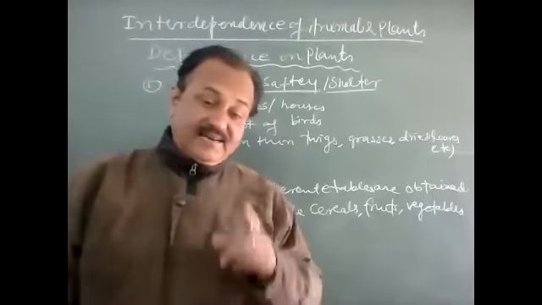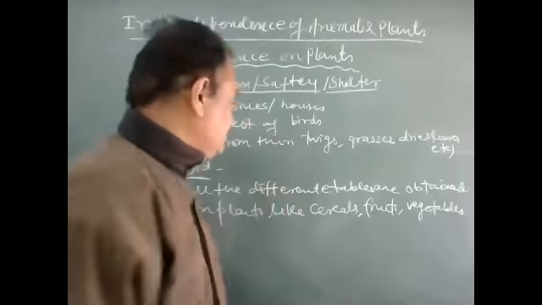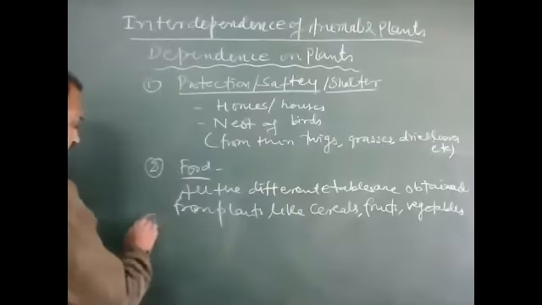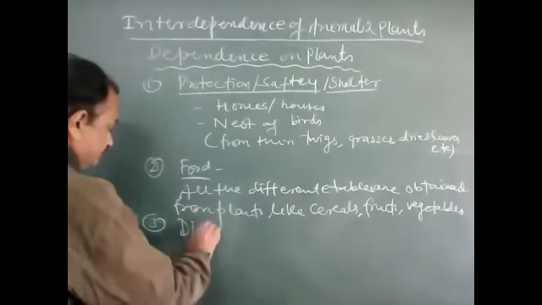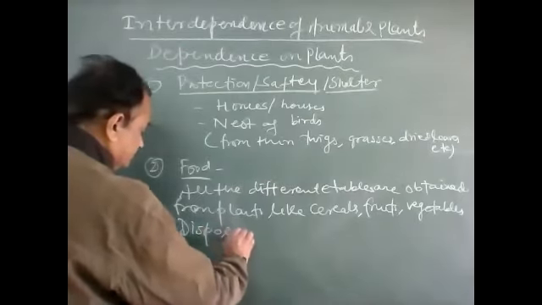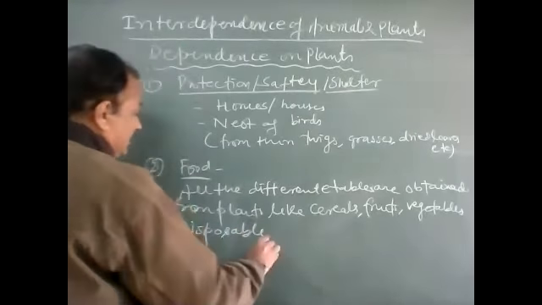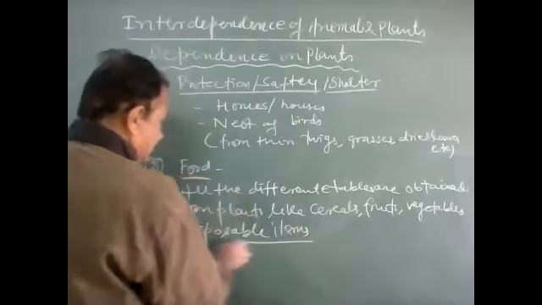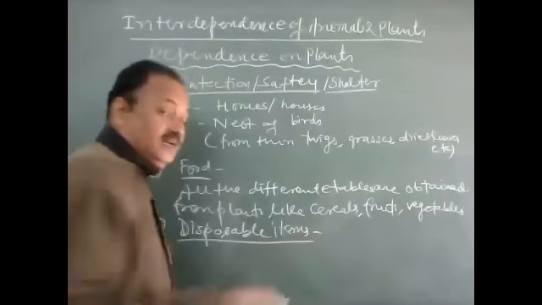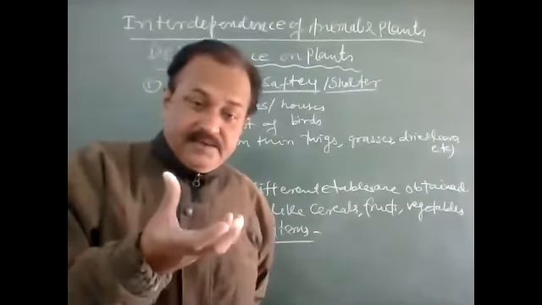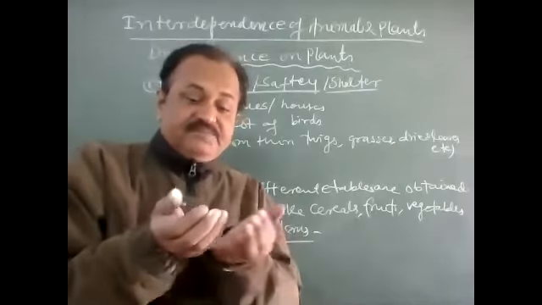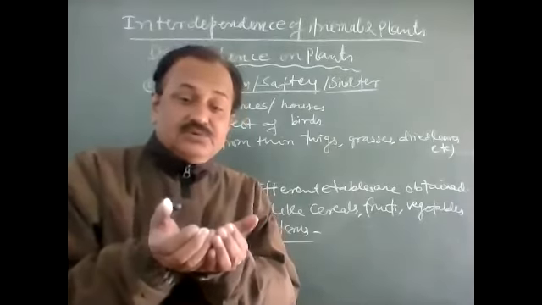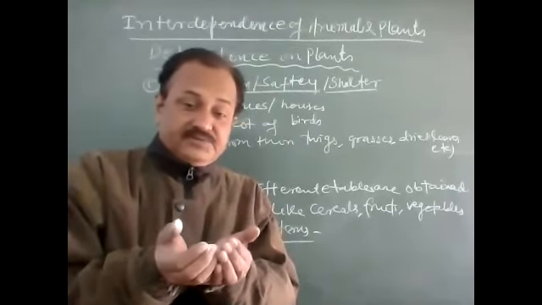Disposables, I had said yesterday, disposables are made. So disposable items, like which we call dona in Hindi. It is made from the larger leaves which are found in the forest.